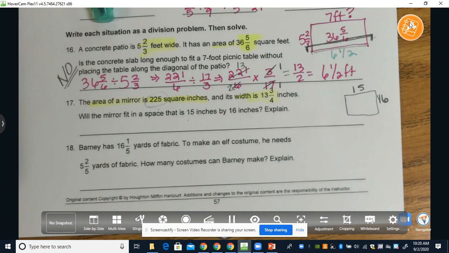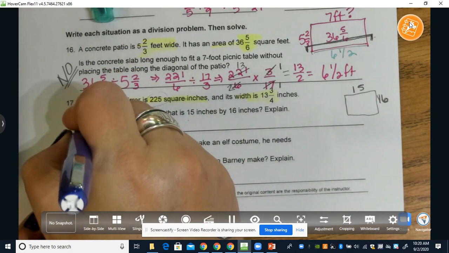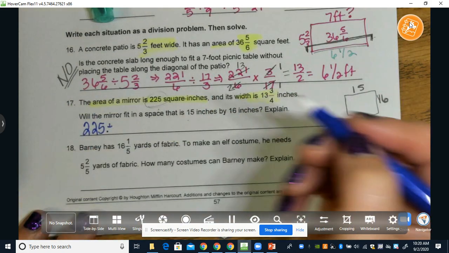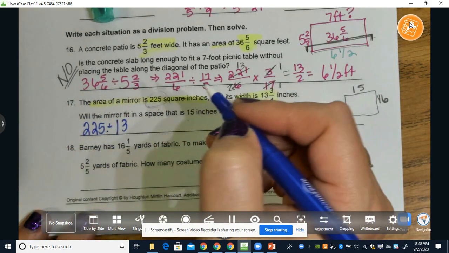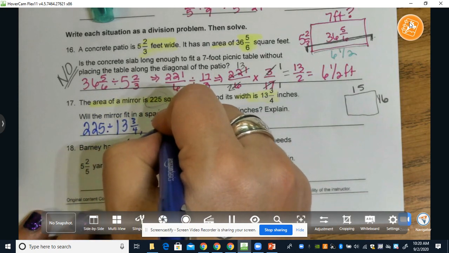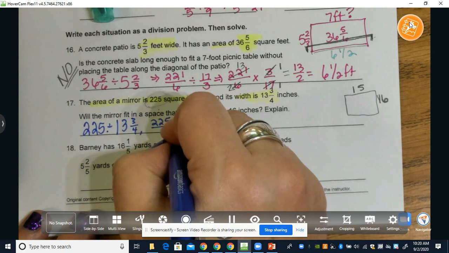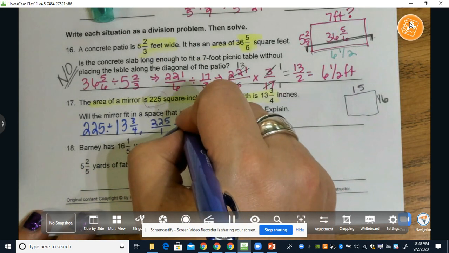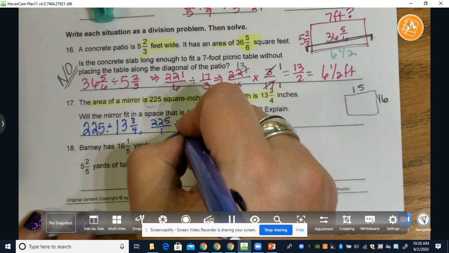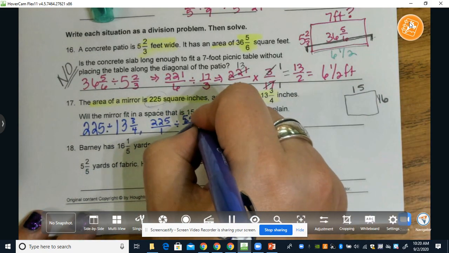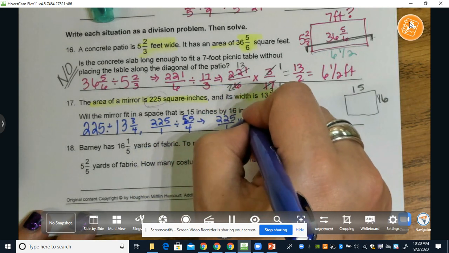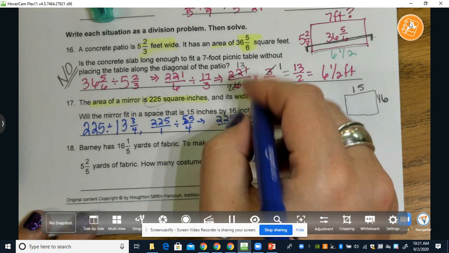So we take our area and we divide it. So 225 divided by my width, which is 13 3/4, which is 225 over 1 divided by 55 over 4. Remember, keep, change, flip: 225 over 1 times 4 over 55.